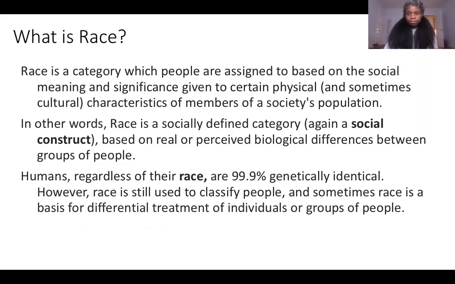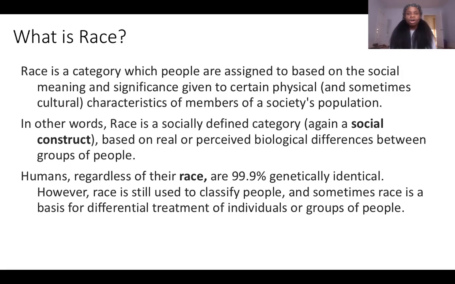Okay. So what is race? Race is a category which people are assigned to based on the social meaning and significance given to certain physical and sometimes cultural characteristics of members of a society's population. In other words, race is a socially defined category.